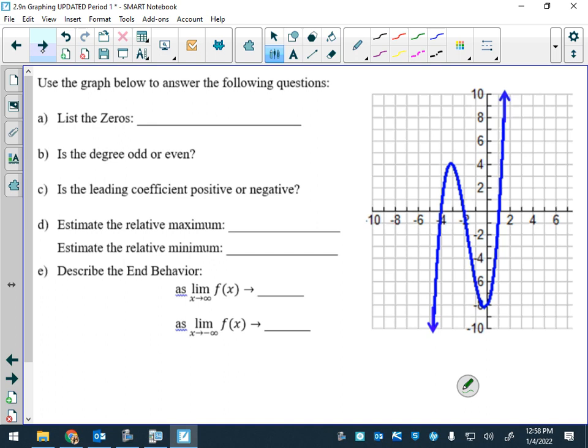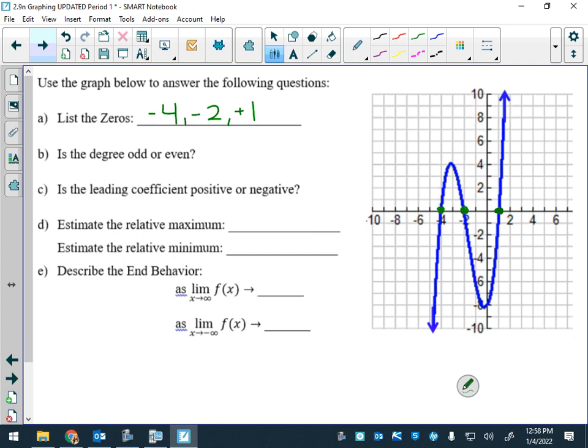Then if you look at the graph to the right and you had to list the zeros, just based off the graph, what are my zeros? Genevieve. Good. Negative 4, negative 2, positive 1. Because these are your x-intercepts, which are also zeros, which are also solutions.